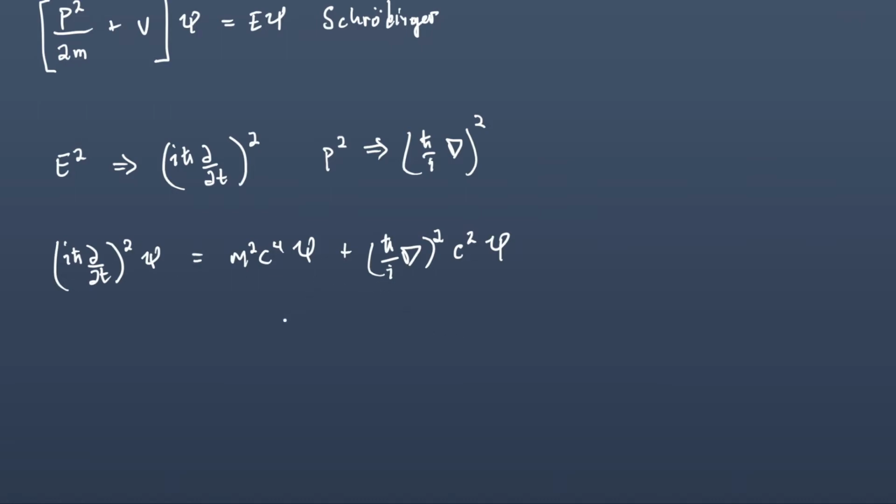What I'm going to do now is square everything out and divide everything by c squared.